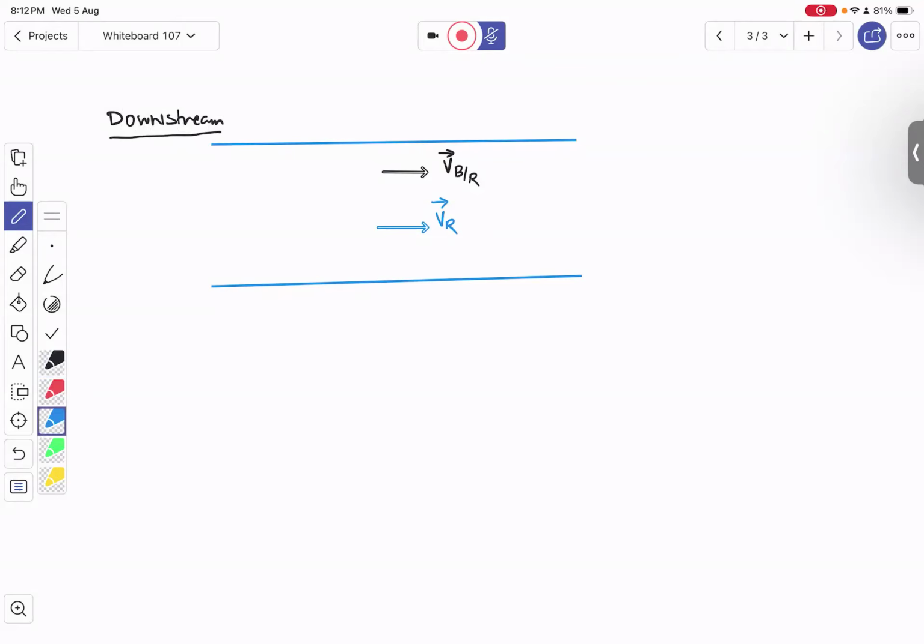Suppose I write VR as U and VBR as V. It is a 1D case, so I will take this side as positive. Using this sign convention, the velocity of the boat with respect to the river is plus V, and the velocity of the river is plus U.